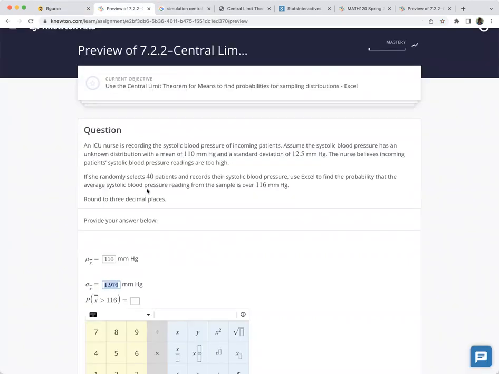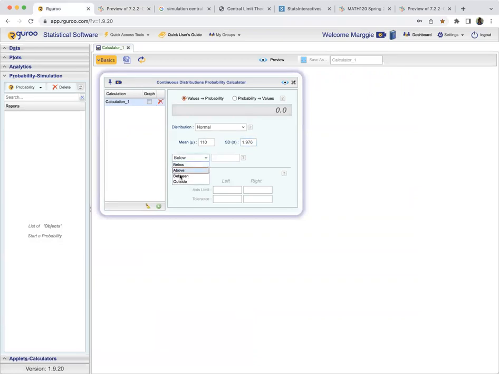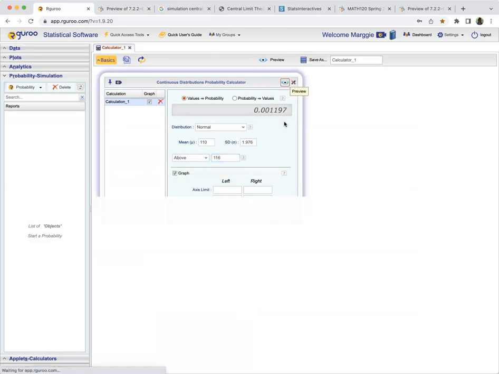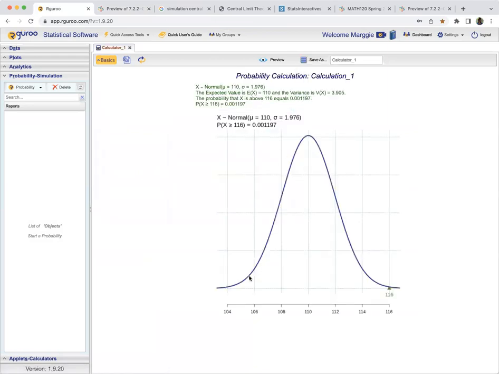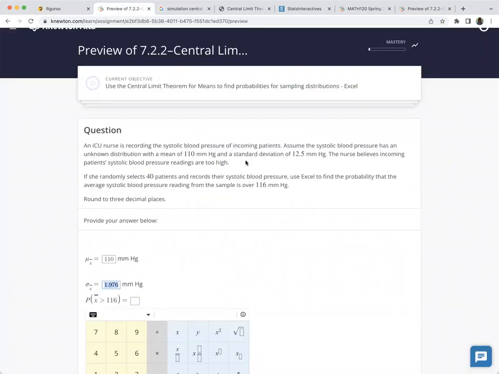All right, and so back here, it's greater than 116. So then this is going to be above 116. And again, I'm going to do the graph so you see what I'm doing. All right, so here I have the distribution of the sample means for the systolic blood pressure.